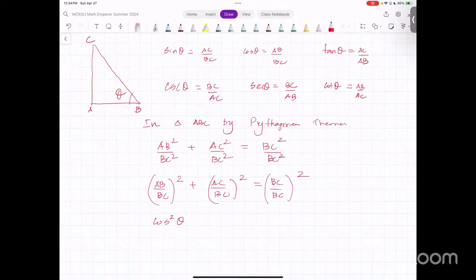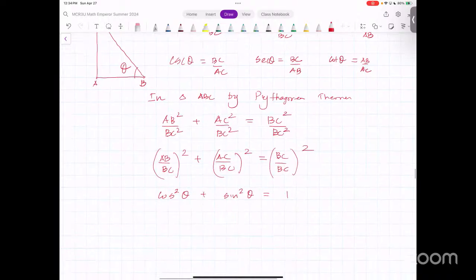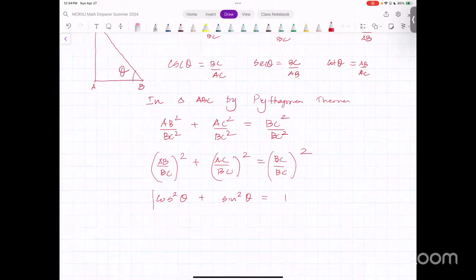Sine. Sine squared of theta. BC divided by BC is 1, isn't it? This is our first identity.